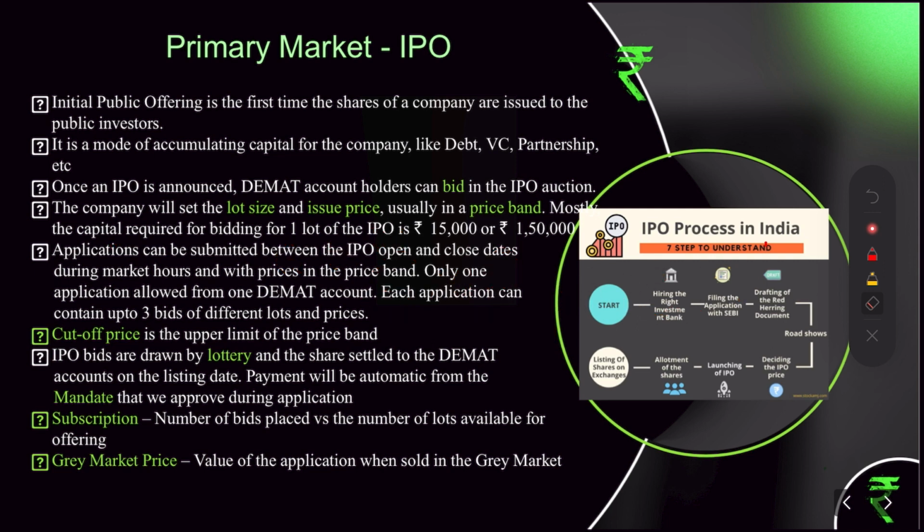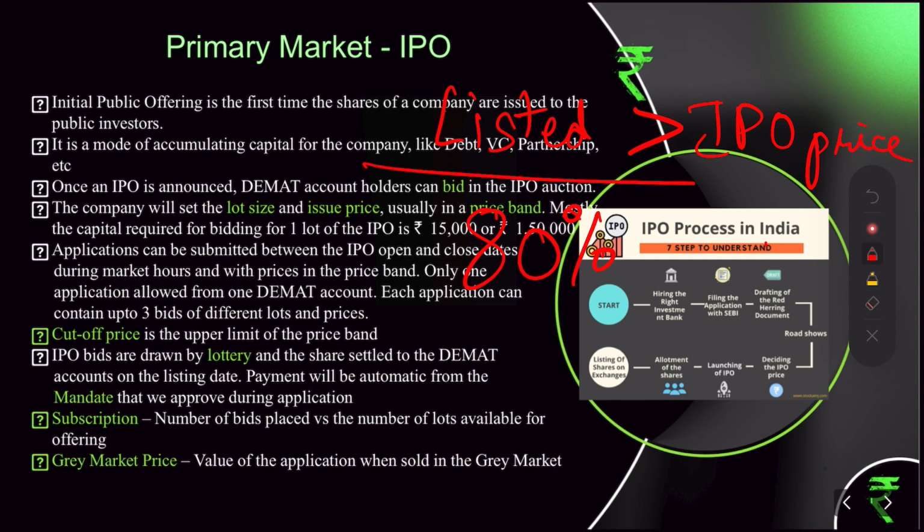The advantage with IPOs is that 80% of IPOs perform well, so they are listed above the IPO price and you get a minimum of 10 to 20% returns in just a span of 1 week, maximum 10 days, right? This is the advantage of IPOs.